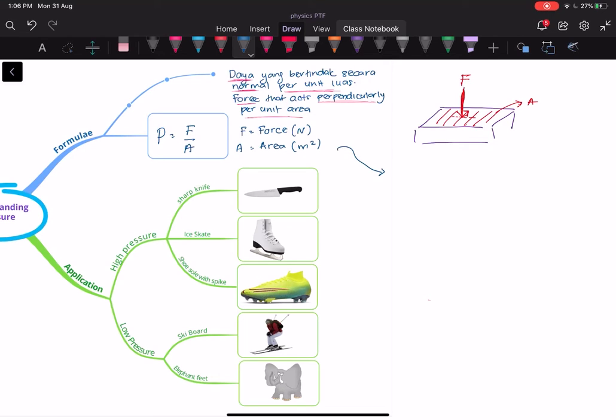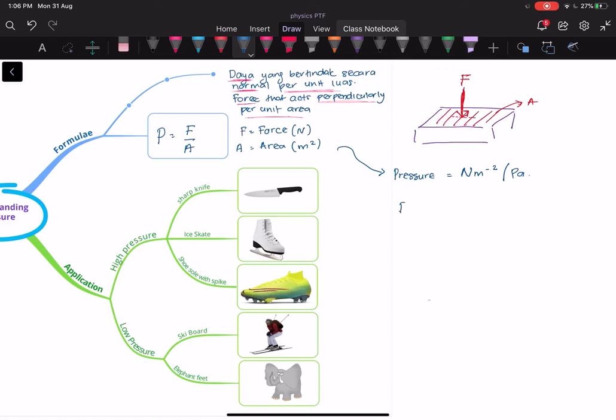Maka apa simbol untuk tekanan pula? Pressure here we are going to measure either with a unit of Newton per meter squared ataupun short form dia kita kata Pascal sahaja.